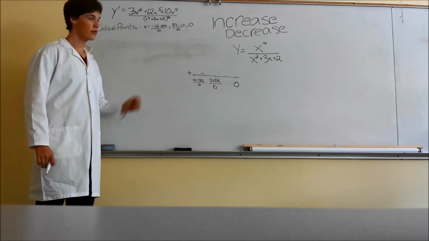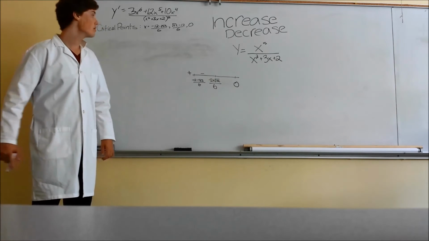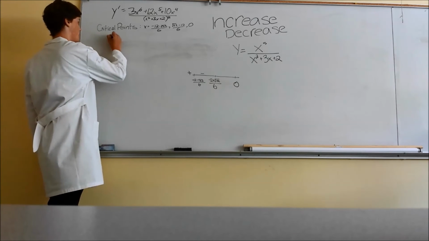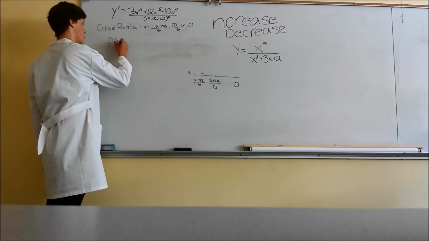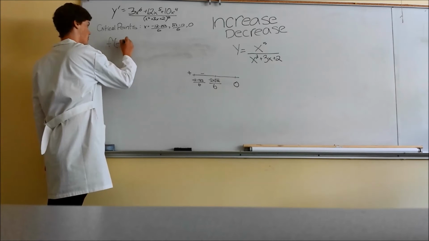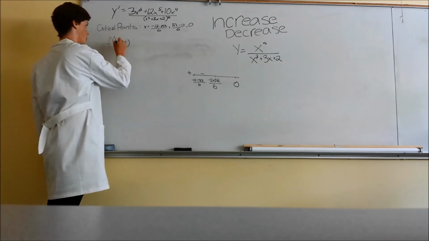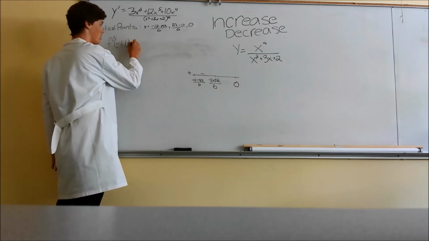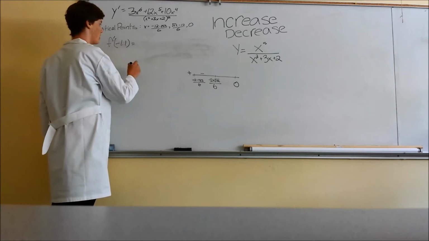We can now check for our third interval of increase or decrease by plugging in a value between our critical points. Take, for example, negative 1.1. We put this value into our y prime equation.